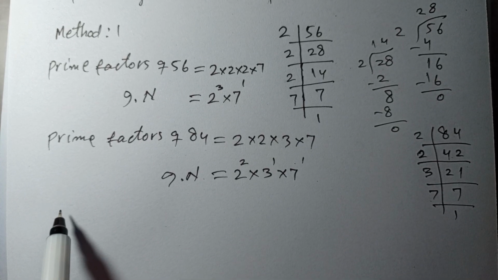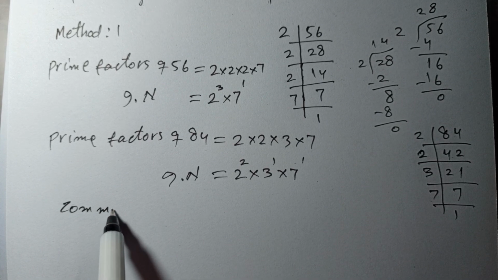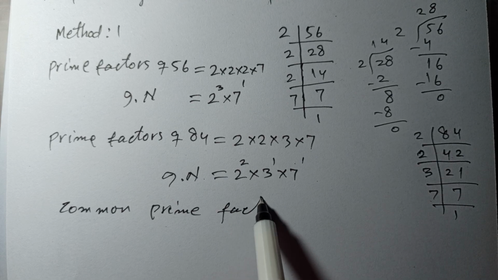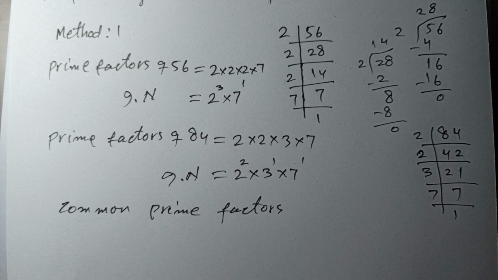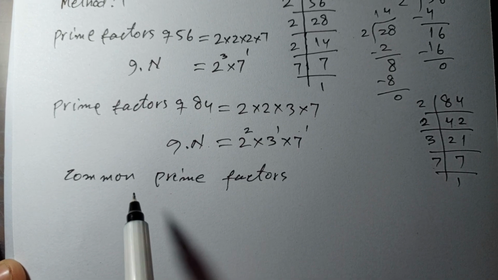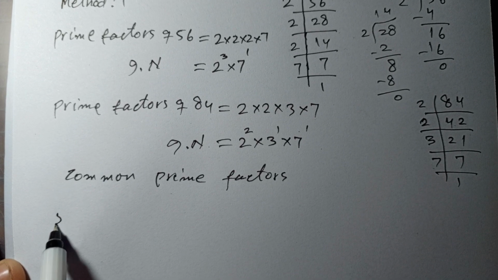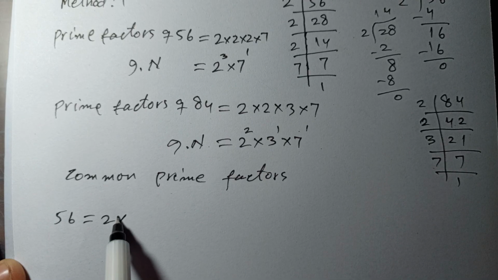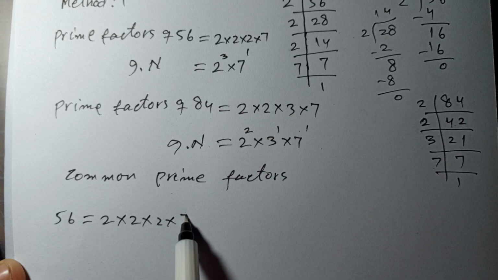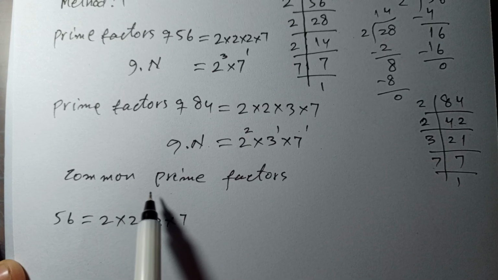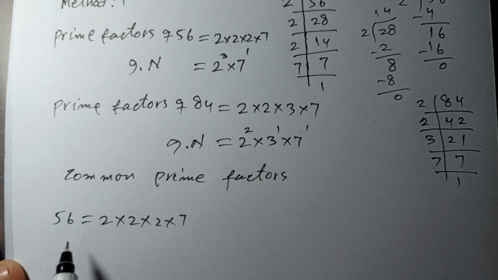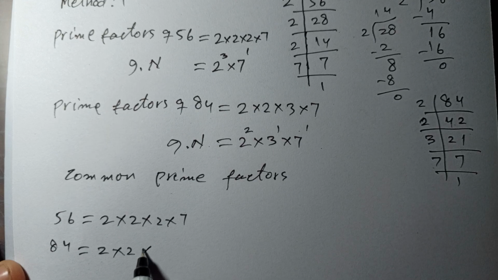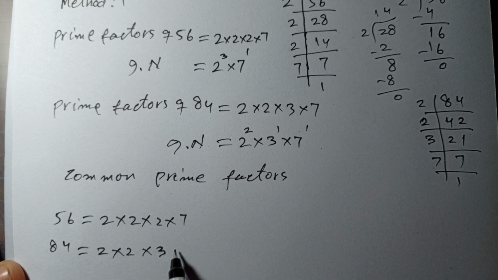Dear student, to find common prime factors, you will write in the vertical form. 56 is equal to 2 multiplied by 2 multiplied by 2 multiplied by 7, and then there is 84, 2 multiplied by 2 multiplied by 3 multiplied by 7.